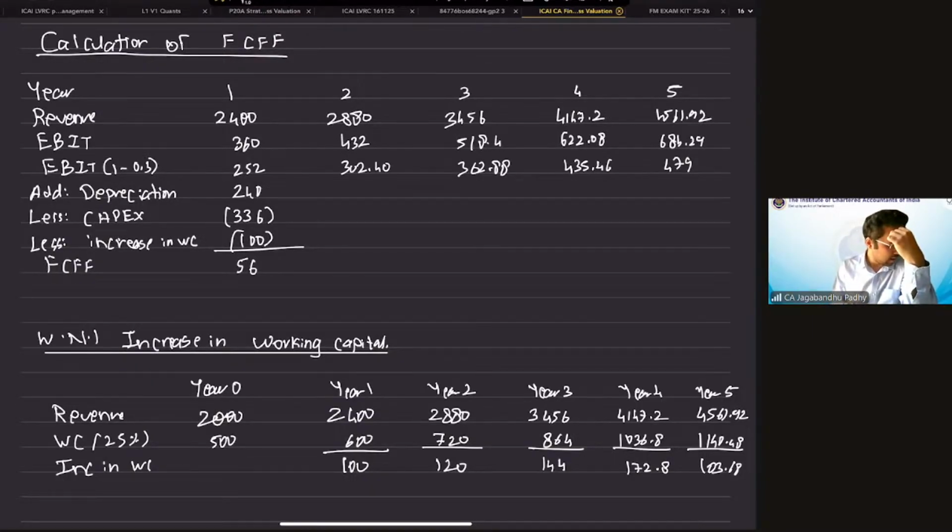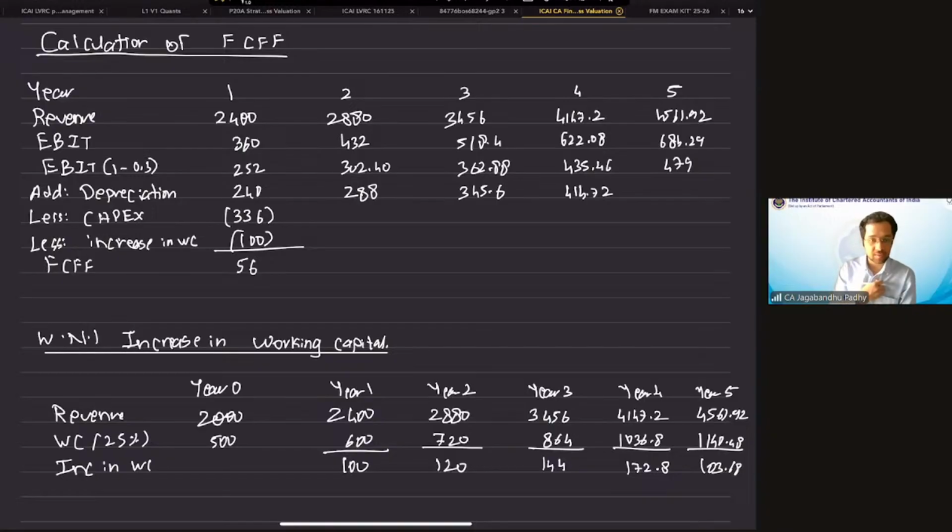Then add depreciation and capex. Depreciation and capex are both going to increase by 20% each. So depreciation is 288, then 345.6, 414.72.